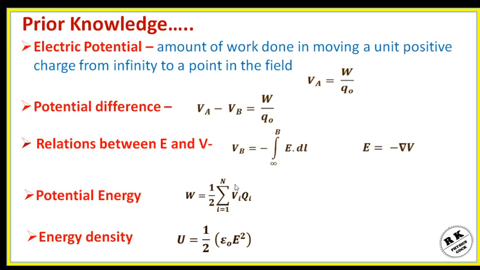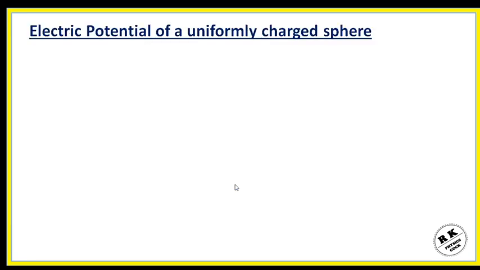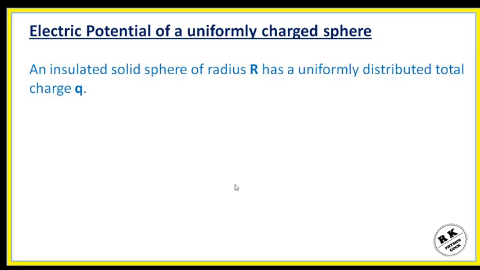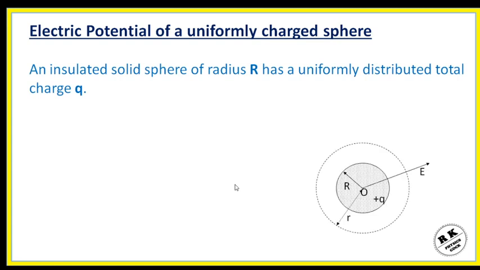Now let us come back to our current topic, that is, electric potential due to spherical charge distribution. Let us first take up electric potential due to a uniformly charged sphere. Let us assume an insulated, that is, non-conducting solid sphere of radius capital R, which has a uniformly distributed total charge Q. Observe the figure.